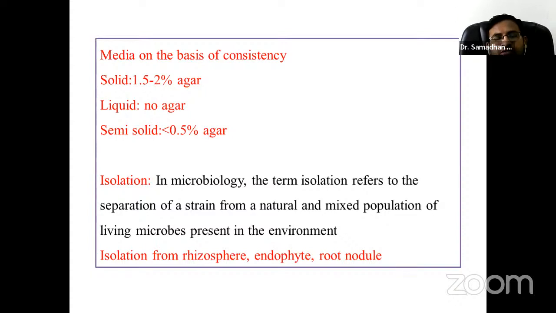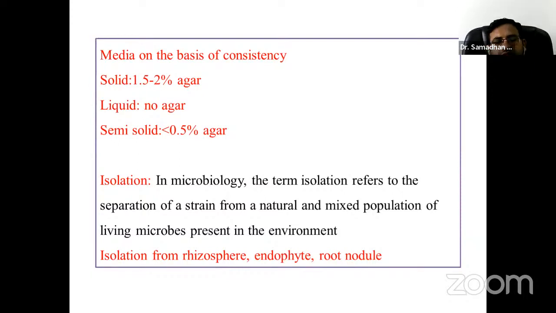Then liquid media, also called broth culture, where no agar is added. Semi-solid media is where the agar concentration is less than 0.5%. So these are the basic types of media.